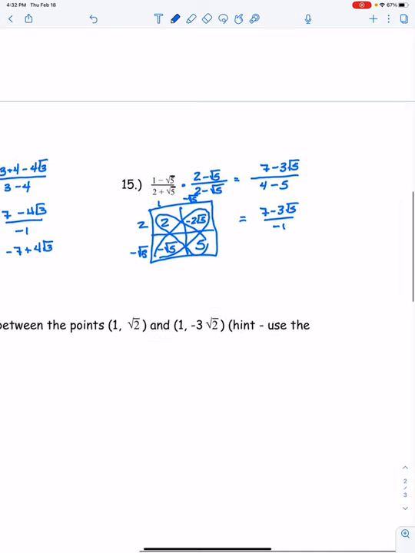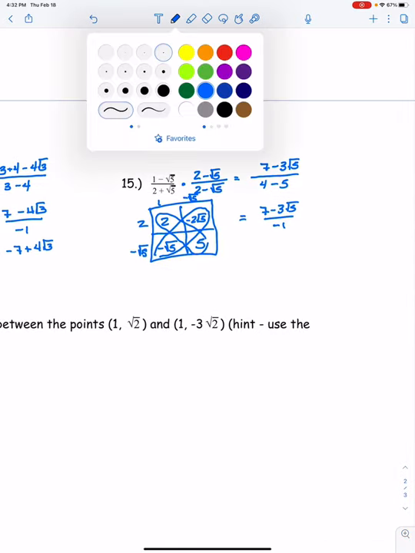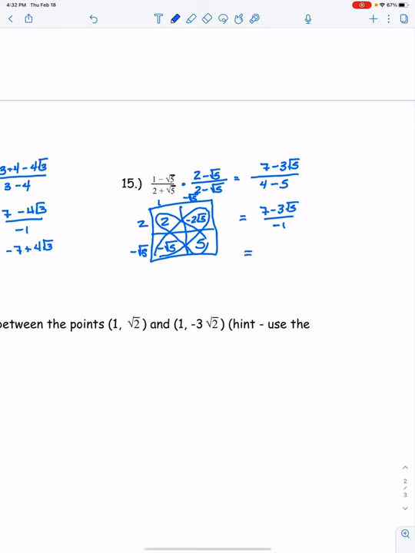And as mentioned in the previous question, we cannot leave this over a negative 1. So we need to switch all of our signs in our numerator. And so here is our answer. And again, if you would like to leave this over 1, you are welcome to do so, but you do not have to do that.